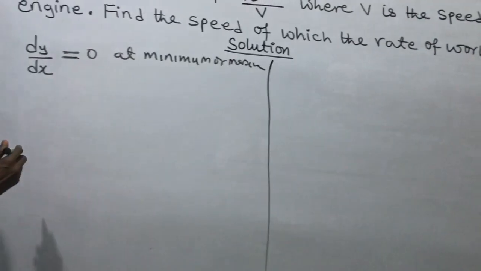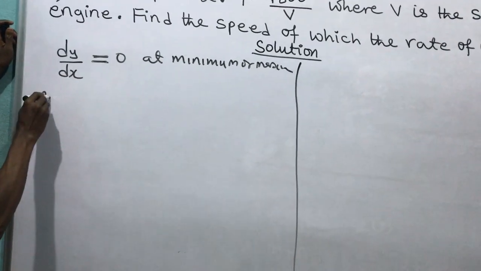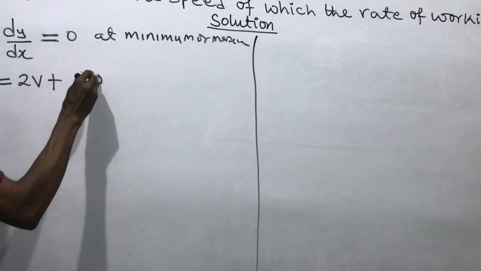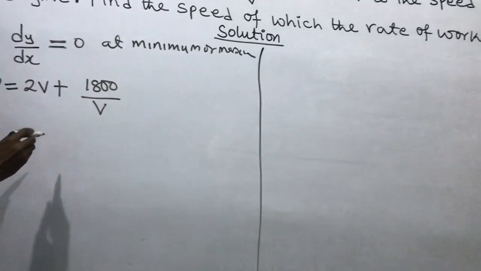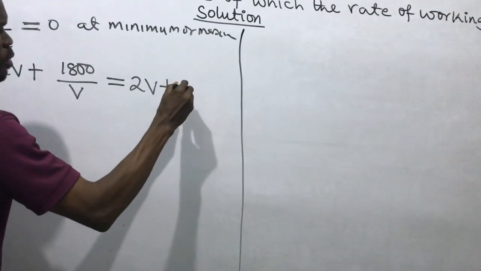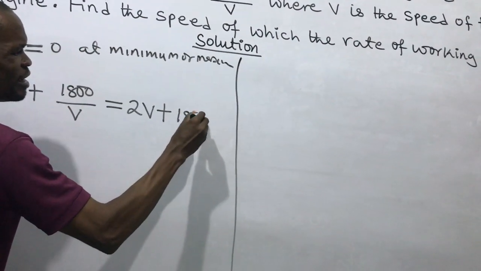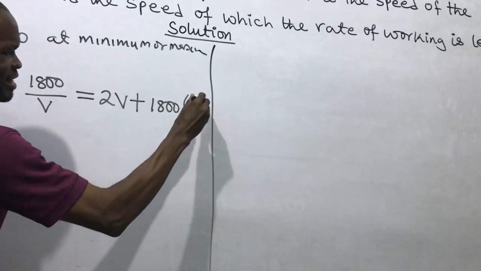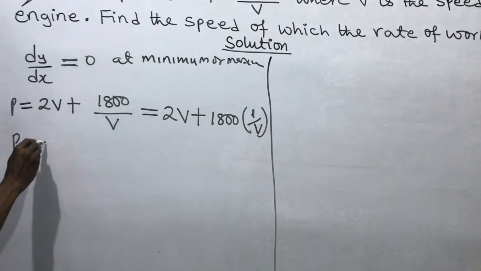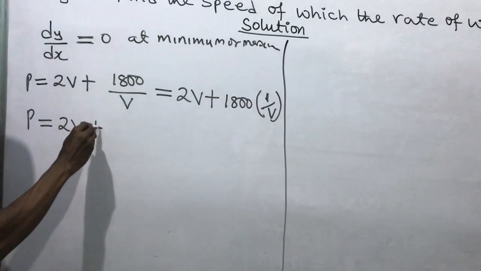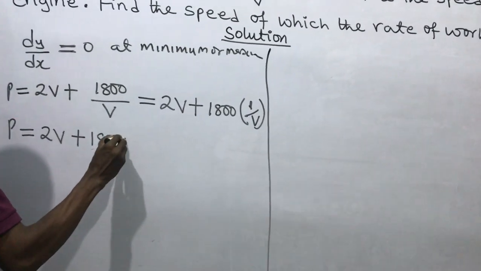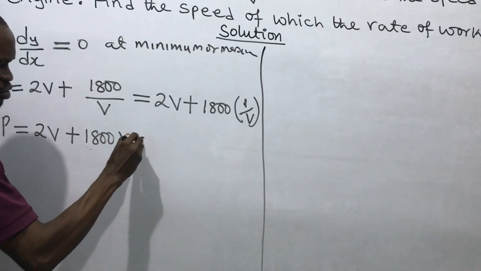Looking at this, I have P equals 2V plus 1800 over V, which simply can be written as 2V plus 1800 into 1 over V. And this simply means that P is equal to 2V plus 1800 into V to the power minus 1.